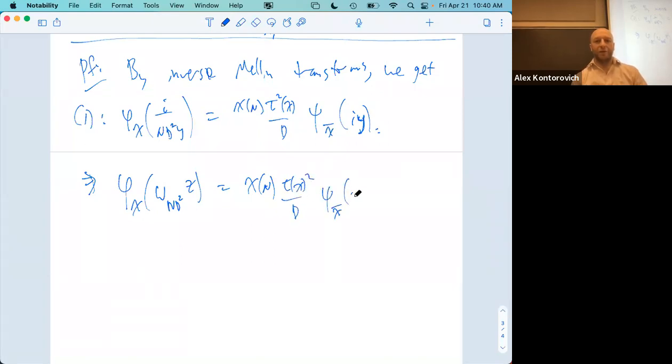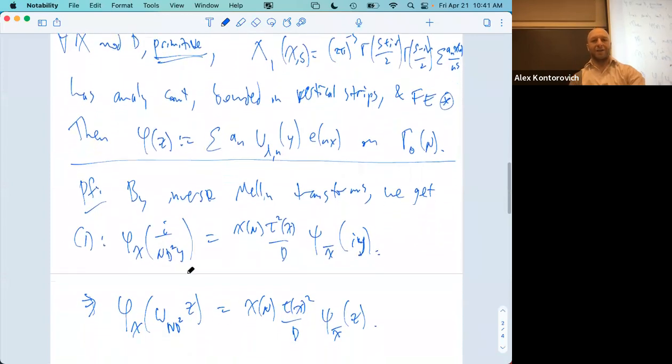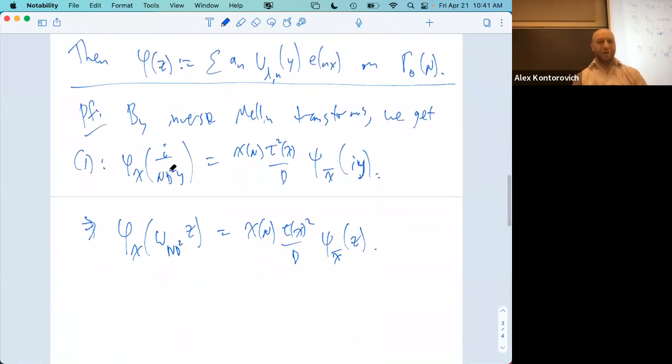So we get the functional equation in the L functions. We take inverse Mellin transforms. When we take the inverse Mellin transforms of the L functions, on one hand we get this, on the other hand we get this, but it's an involution.